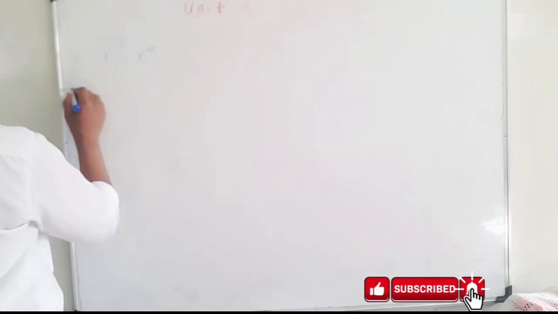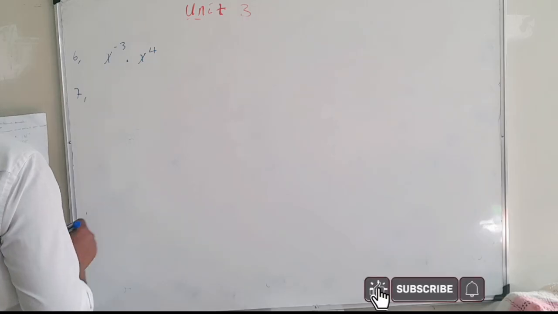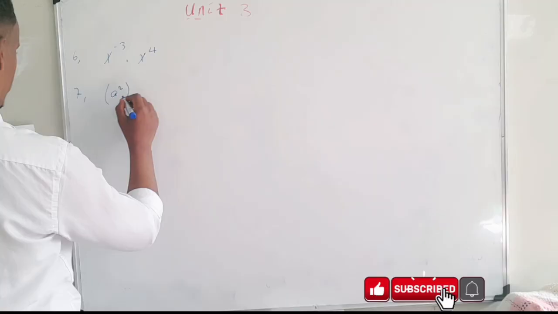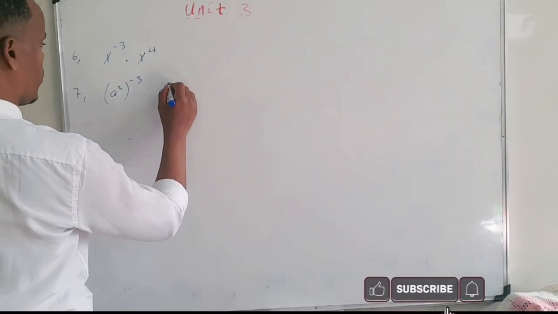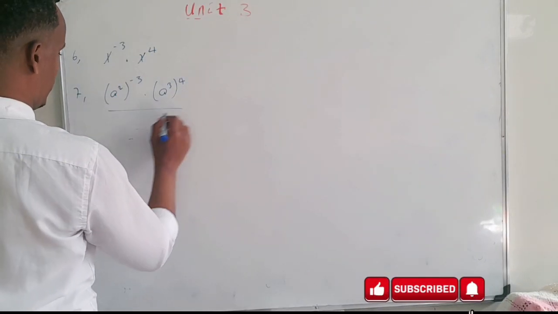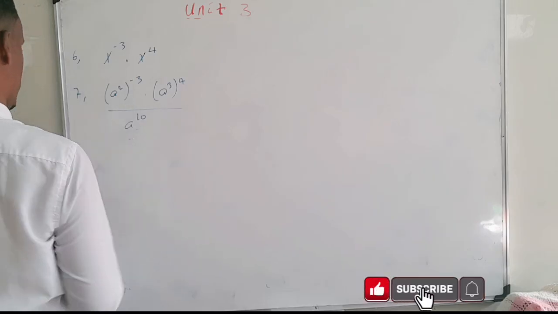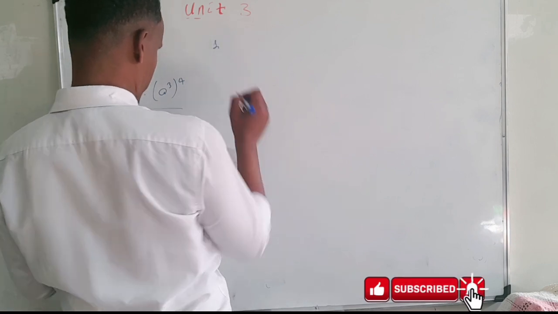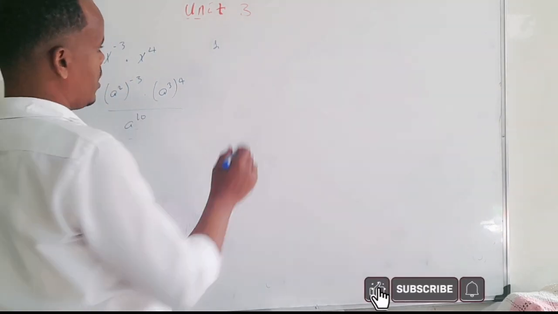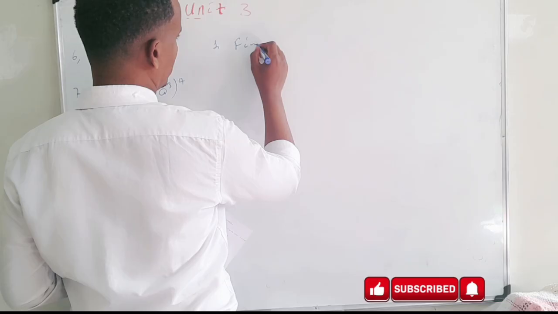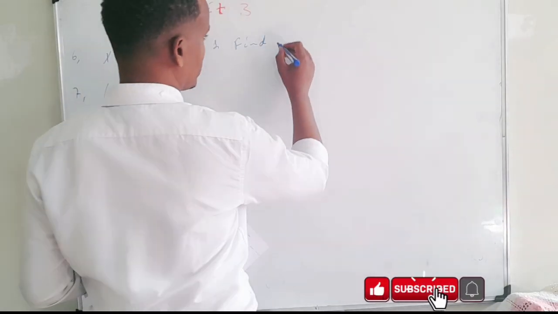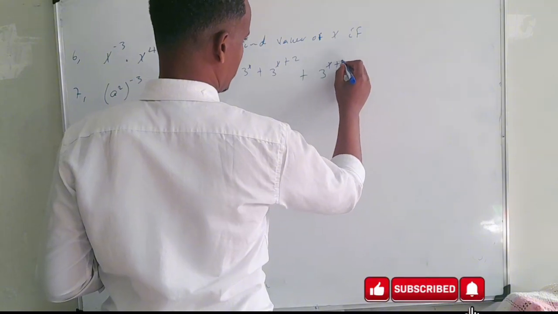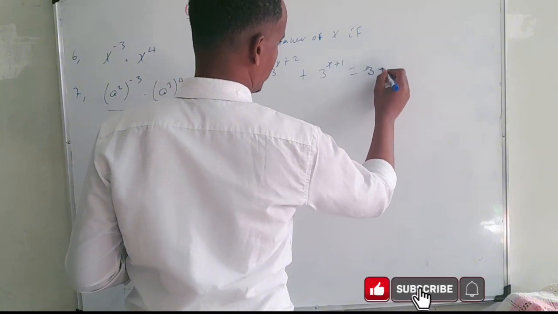Number 7: (a to the power of 2) to the power of minus 3 times a to the power of 3 to the power of 4 over a to the power of 10. Okay, number 1: find the value of x, x plus 2 plus 3 to the power of x plus 1 is equal to 39.